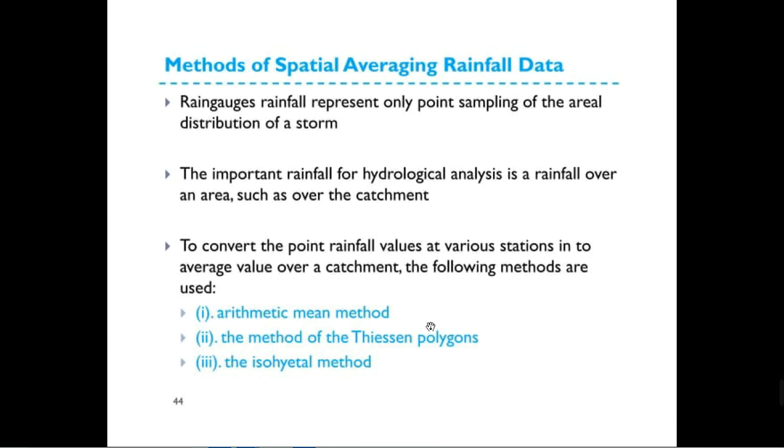So you can write the arithmetic mean method, the Thiessen polygon method, and the isohyetal method.